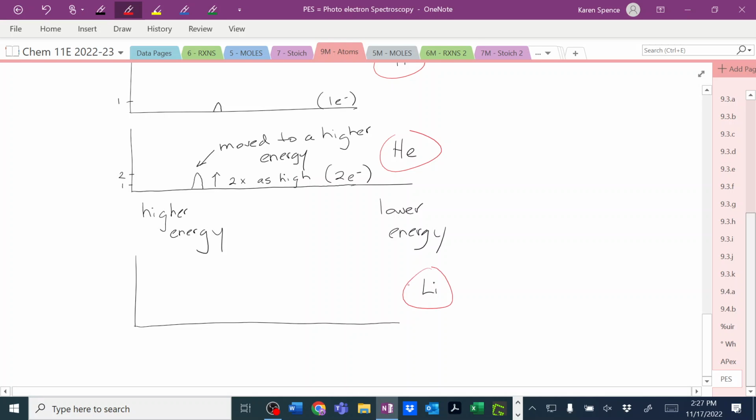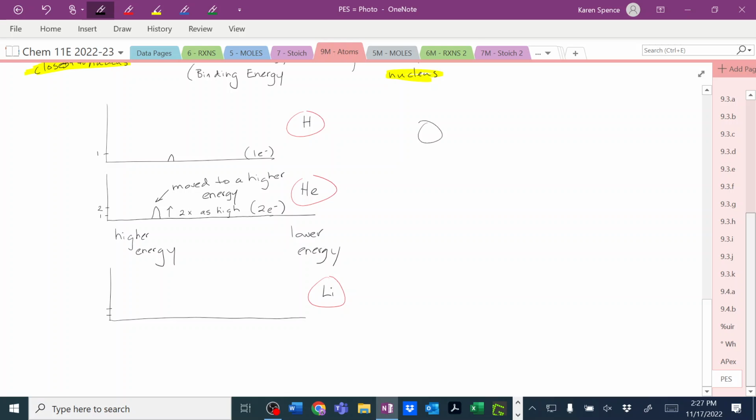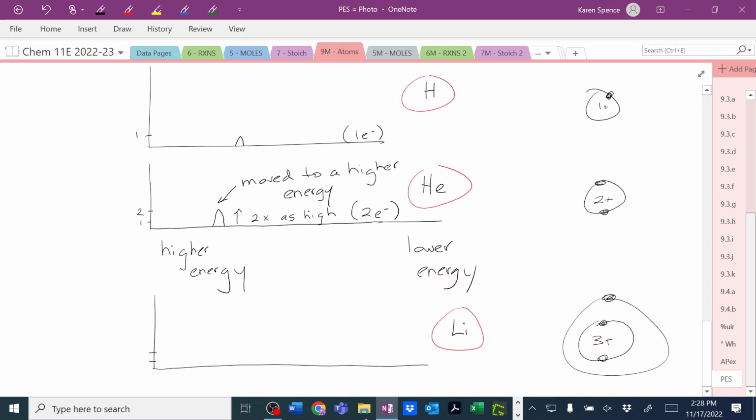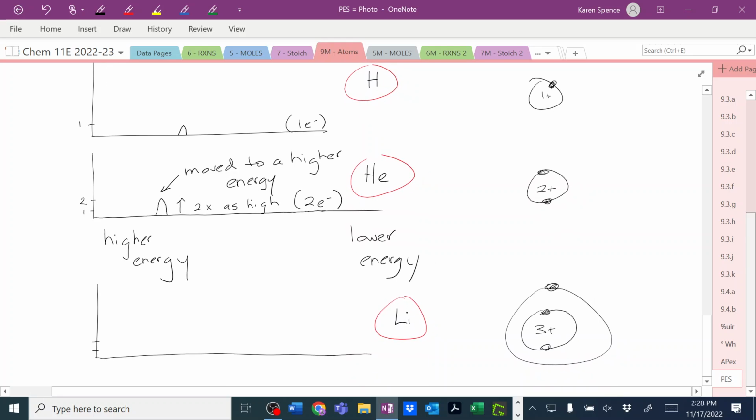Is it going to get higher? So here's hydrogen, here's helium. There we have our hydrogen, our helium, our lithium.